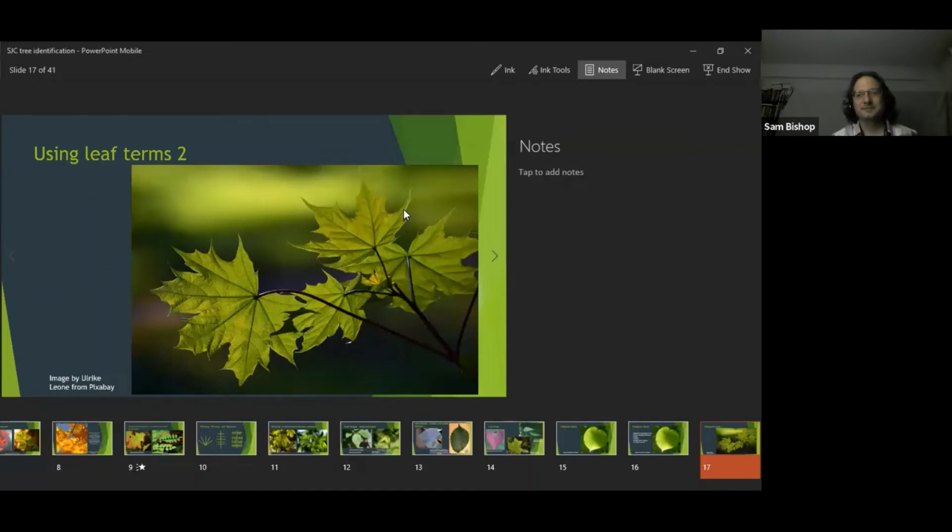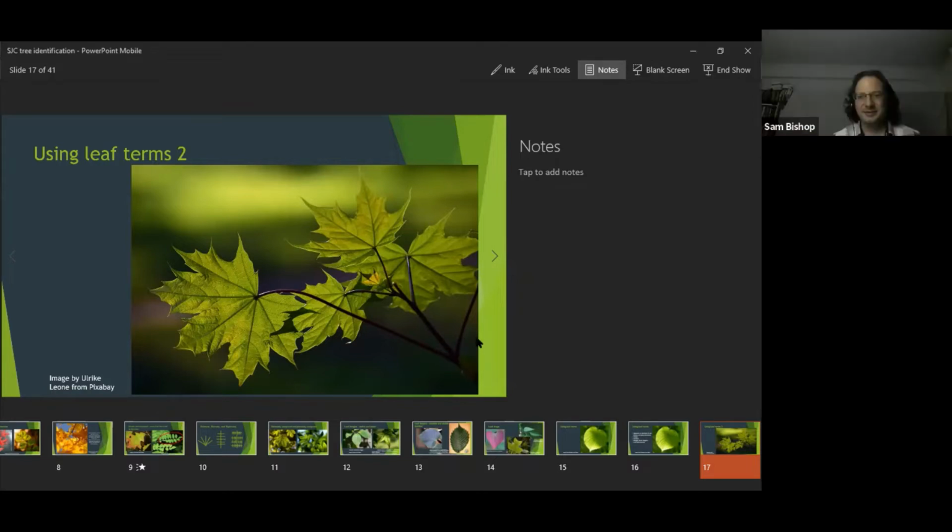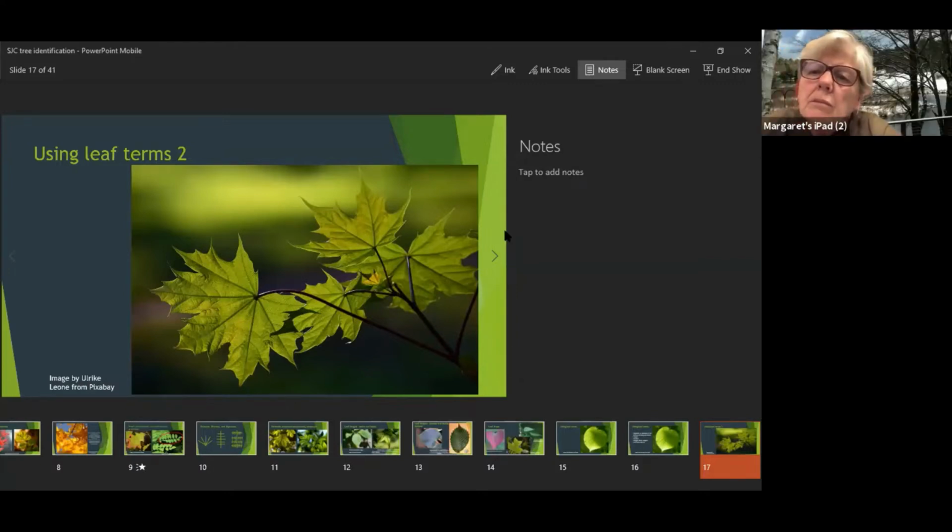How about these? You always start at opposite or alternate. Opposite. Excellent. Yes, opposite. And you can see the opposite stems right on the very right side of the picture here. So then looking at it, is it simple or compound? Is the blade in one continuous piece? Simple, yes.